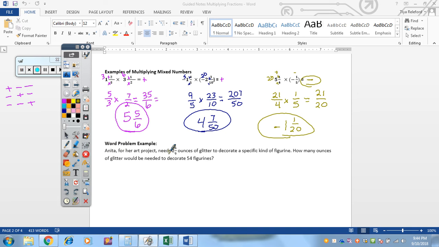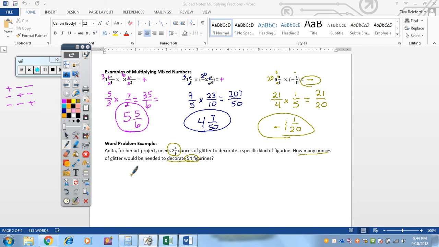Anita, for her art project, needs 2 4/9 ounces of glitter to decorate a specific kind of figurine. How many ounces of glitter would be needed to decorate 54 figurines? Right, we're gonna multiply.